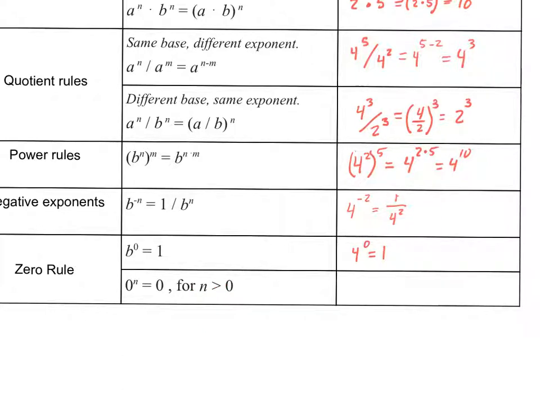So for example, if you get 0 to the second power, you get 0. But if you get 0 to the 0.1, you still get 0. But as you can tell, 0.1 is still larger than 0. So when your exponent is positive and you have a 0 base, your answer is going to be 0.